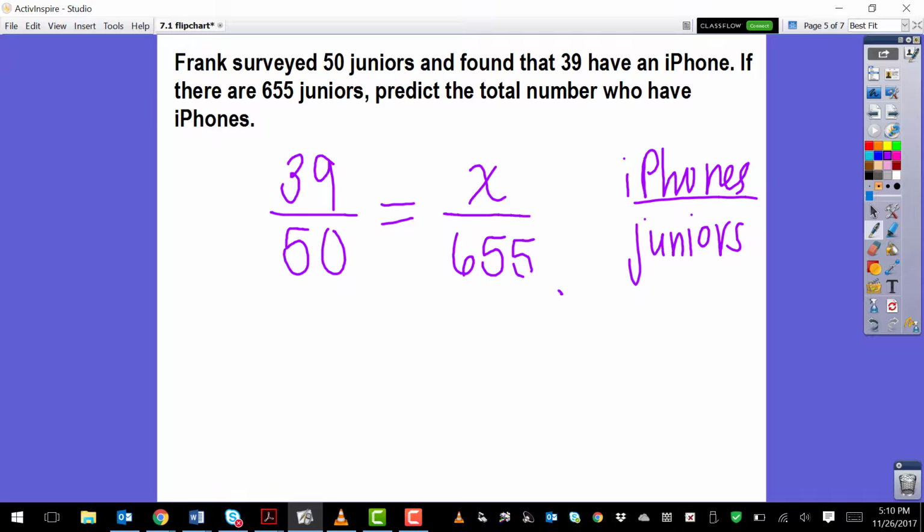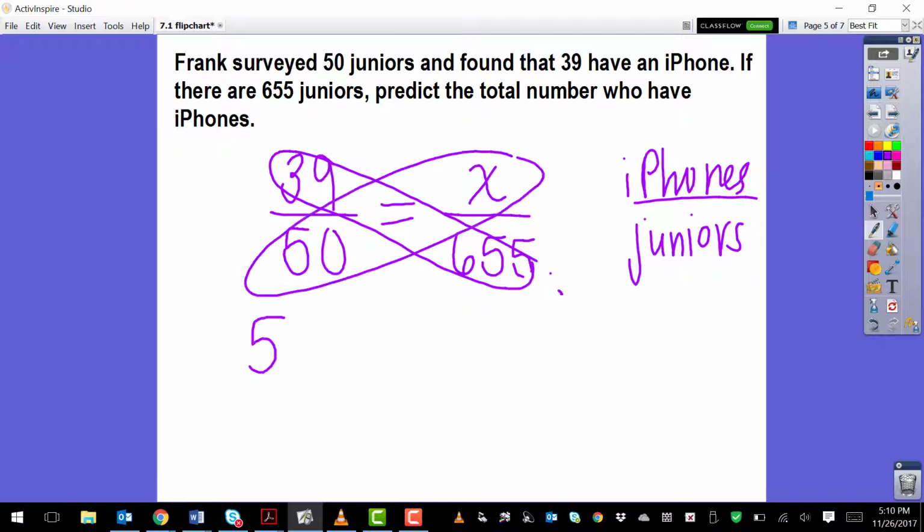So I'm going to cross multiply. 50 times x is 50x equals 39 times 655, which you don't have to write that out.